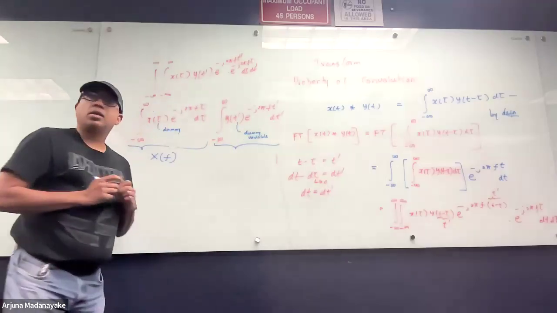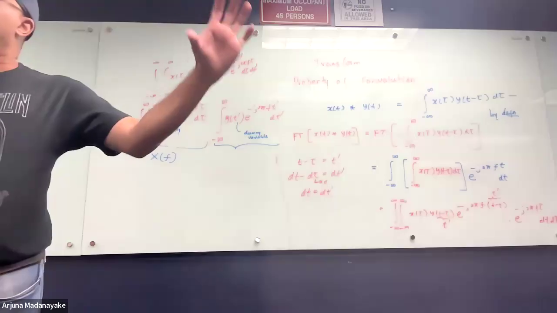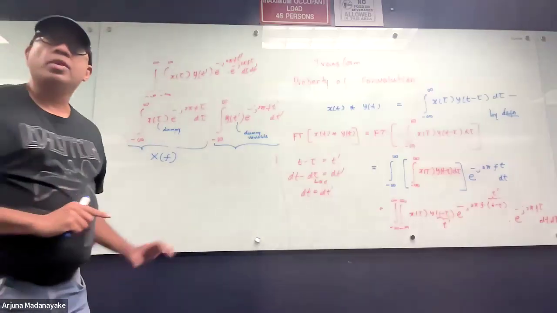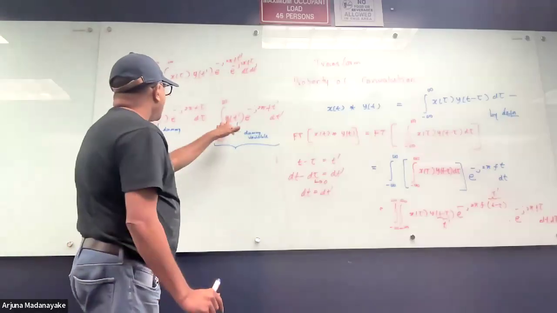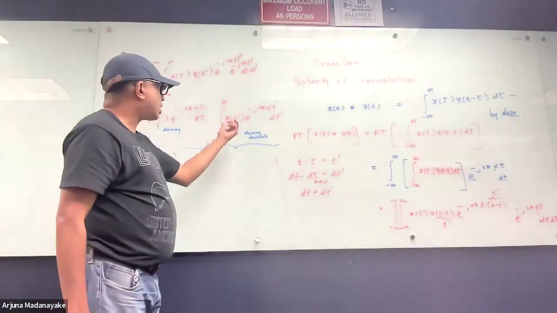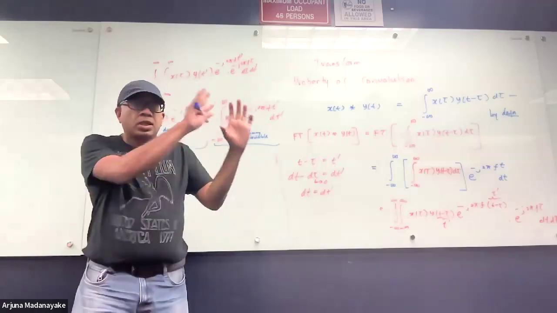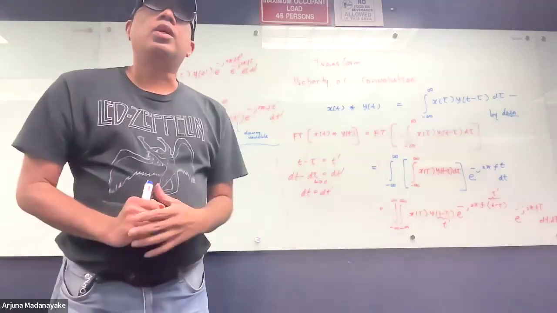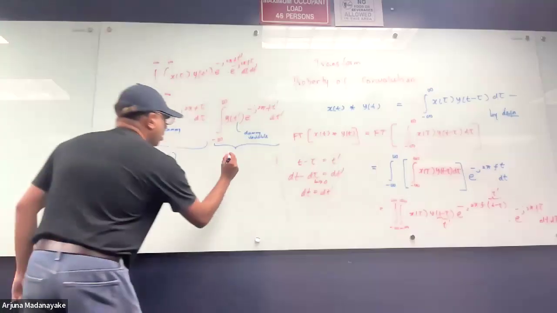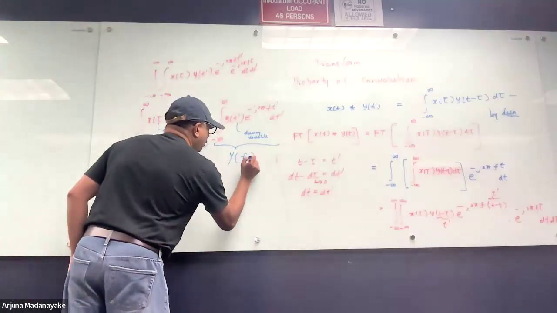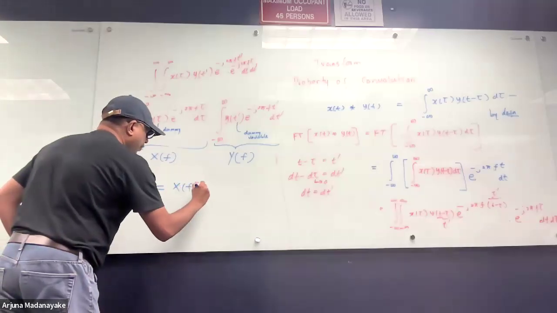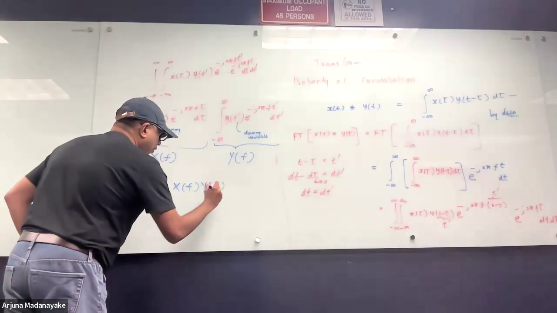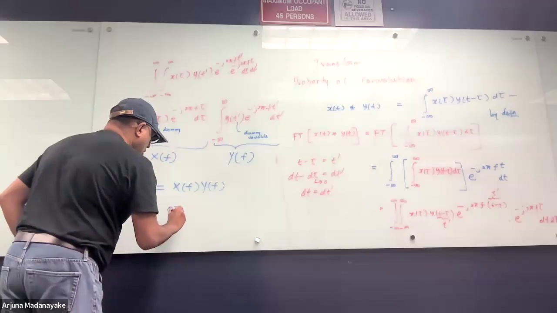You can call it Mickey Mouse as long as Mickey Mouse appears everywhere in the same form. We don't have to call it t, we can call it whatever we want, as long as we follow the Fourier transform definition, it's still a Fourier transform. So this becomes Y of f. So my result is X of f, Y of f. Proved.